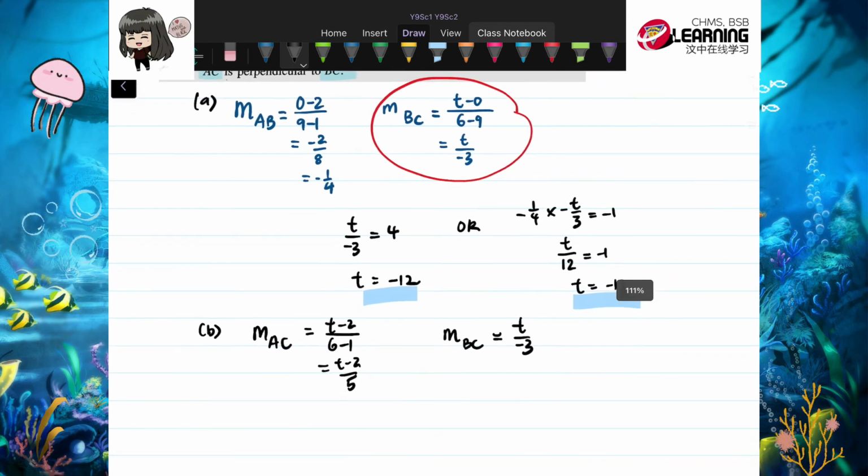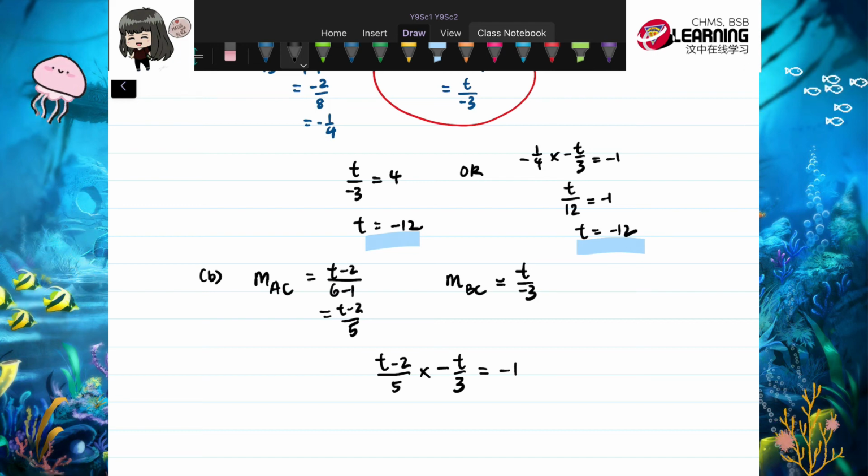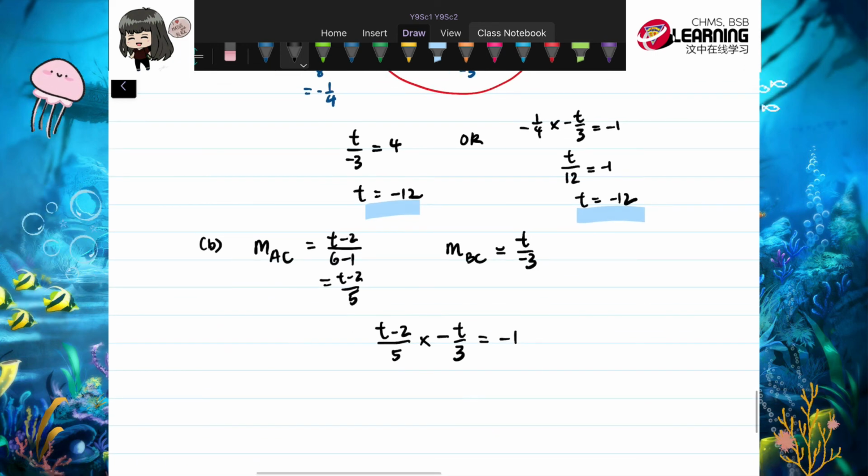So these two, when you times together, equal negative 1. I will just use one of the methods only. Negative t over 3 times t minus 2 over 5 equals negative 1. The negative here can belong to top or bottom. I let it be the bottom, but not both top and bottom, because if both, it becomes plus.